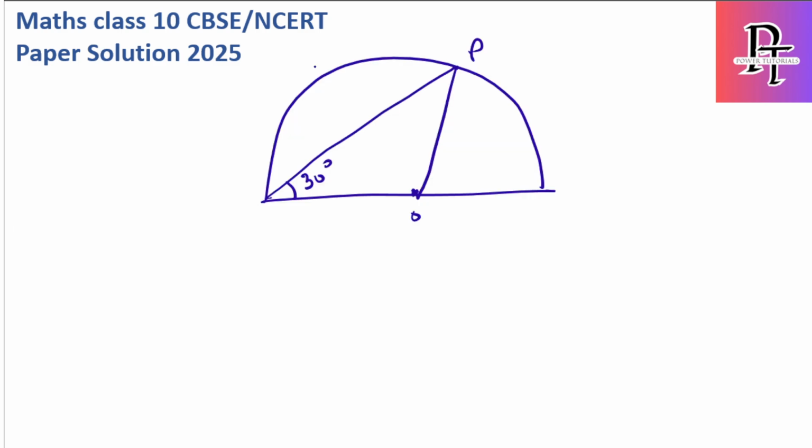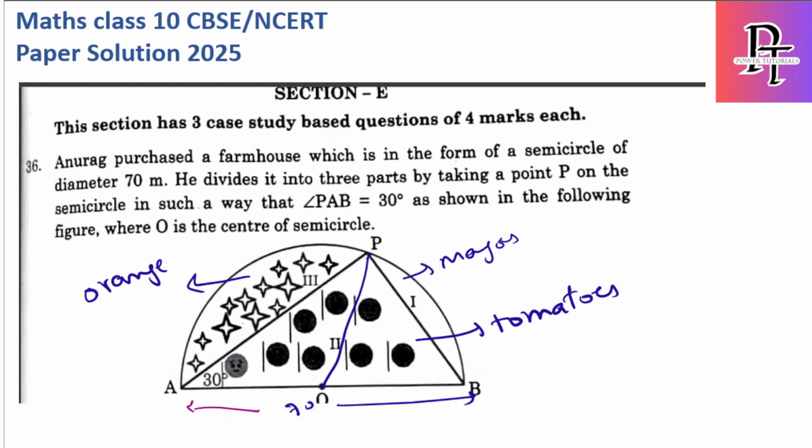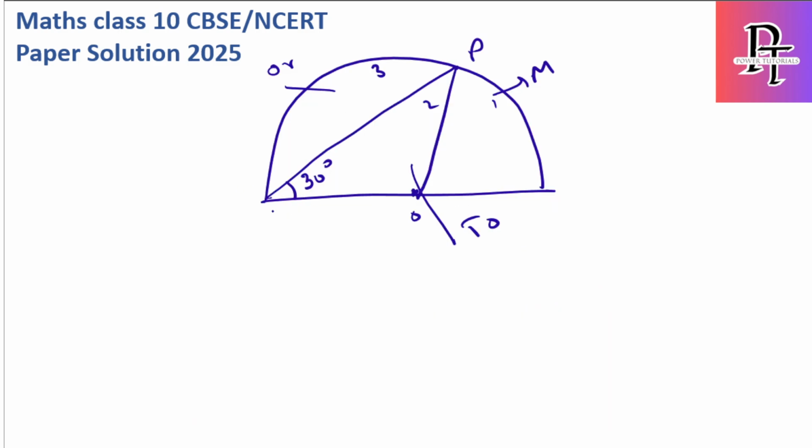This is section 3, section 2, section 1. These are mangoes, this is for tomatoes, and this is for oranges. Anything else they provided? Diameter is 70, so I will write simply the radius, which is 35.